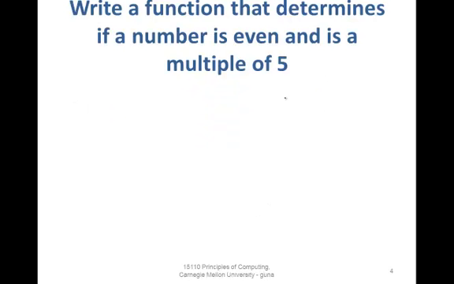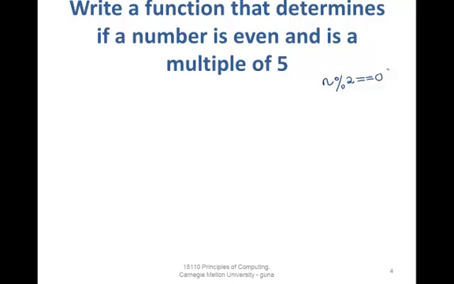So we can use that to write a function that determines if a number is even and is also a multiple of 5. So how do we think about this? First of all, when you take a number like n, if it's even, what that means is it is divisible by 2. So in programming, you have this modulo operator, and if you take the n mod 2, if it's equal to 0, then we know that the number is even.